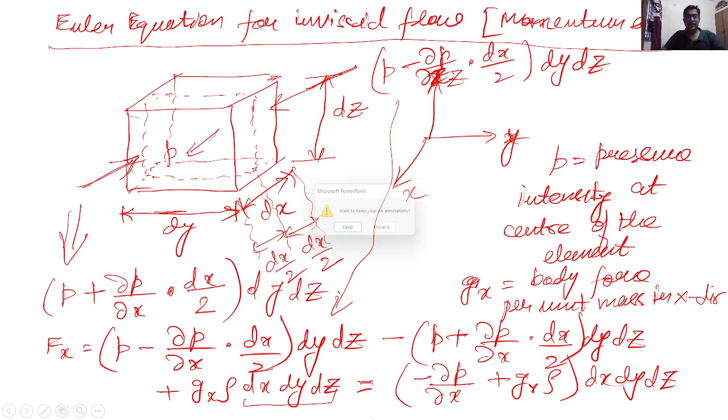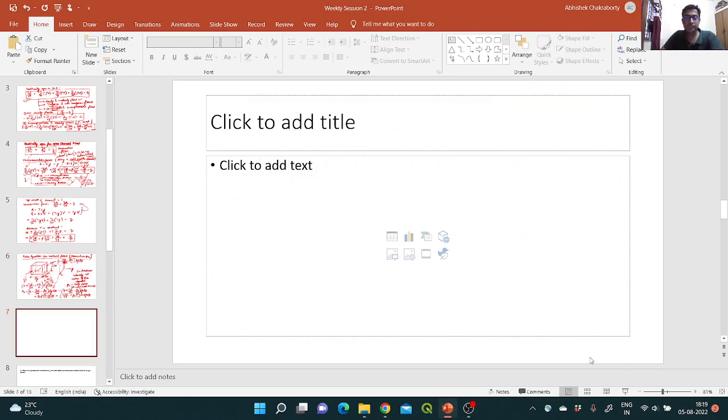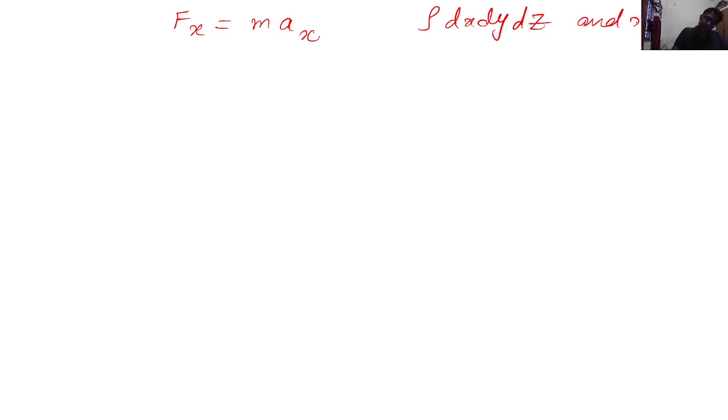Let us take another slide. We just need to use Newton's second law, that is, the net force would be nothing but the mass times acceleration. So we just put rho dx dy dz for volume and ax to get the final expression for Euler's equation for conservation of momentum.